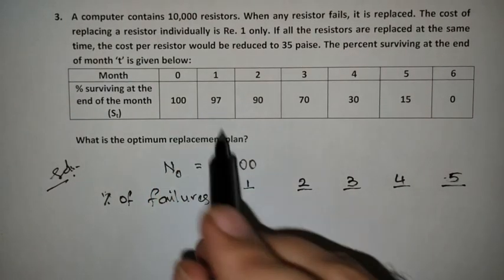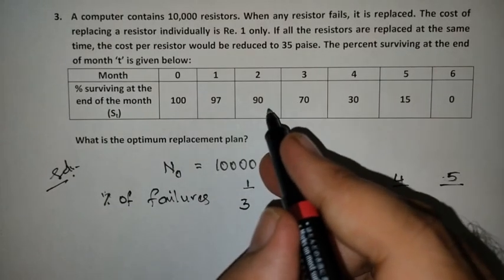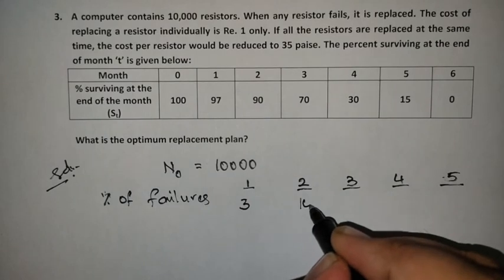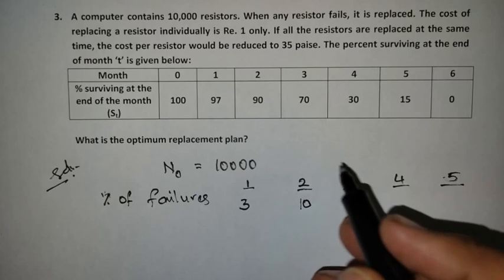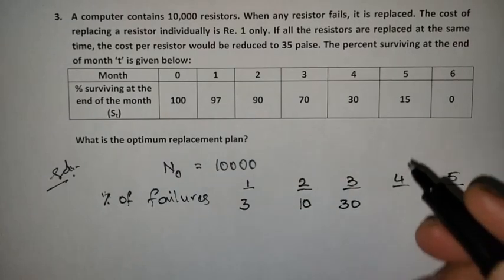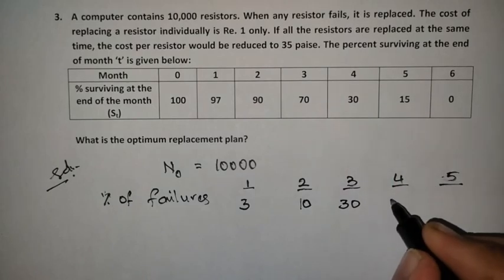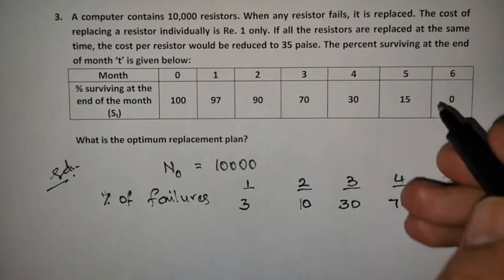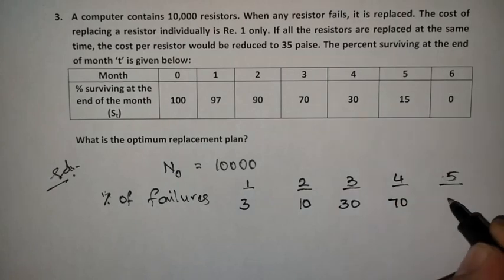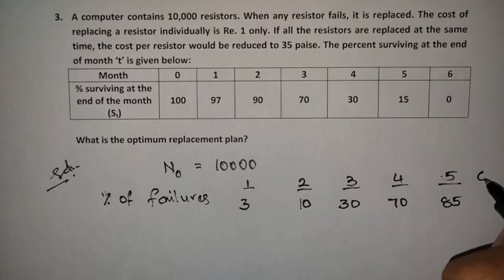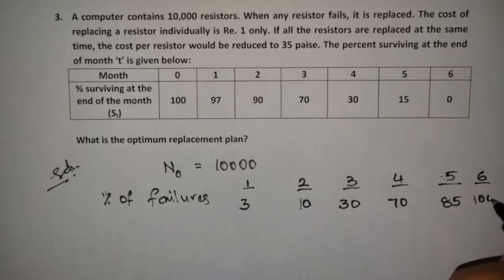Percentage of failure in first month 3%, percentage of failure by the end of second month 10%, percentage of failure by the end of third month, that is 100 minus 70, 30%, percentage of failure by the end of fourth month 100 minus 30, 70%, percentage of failure by the end of fifth month, so 100 minus 15, 85, percentage of failure by the end of sixth month, it is 100 minus 0, 100%.